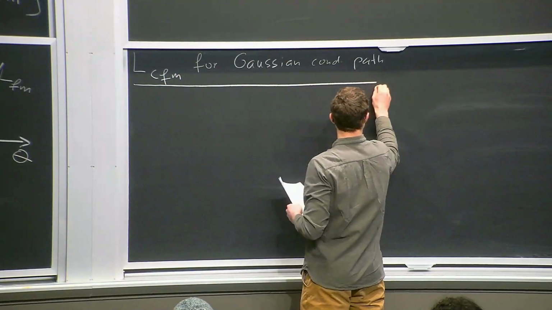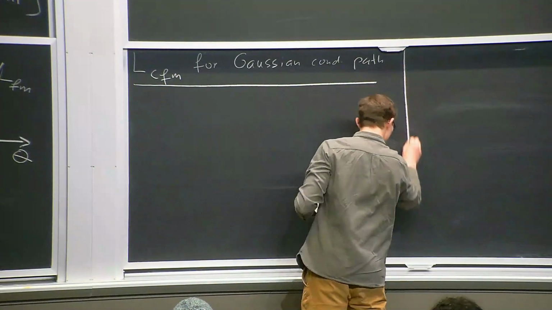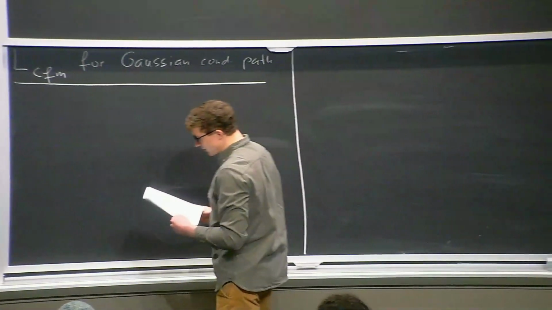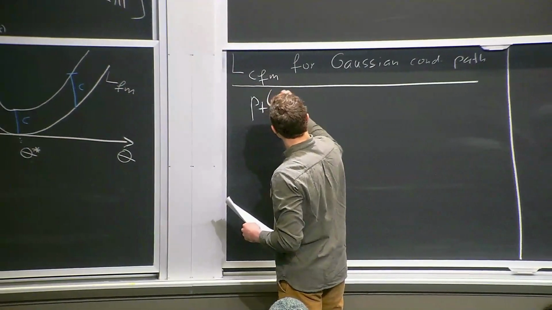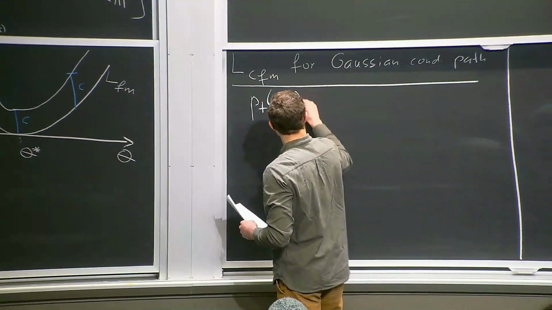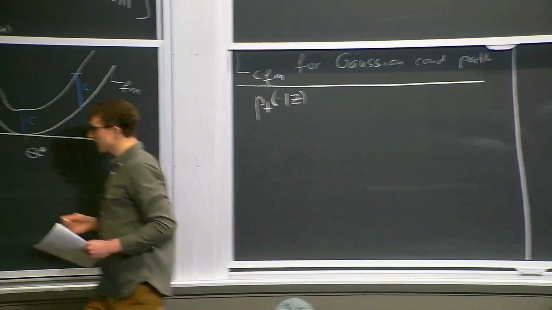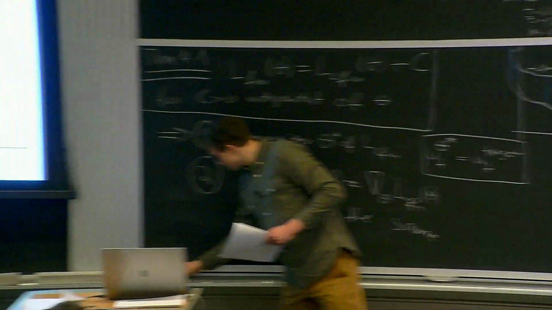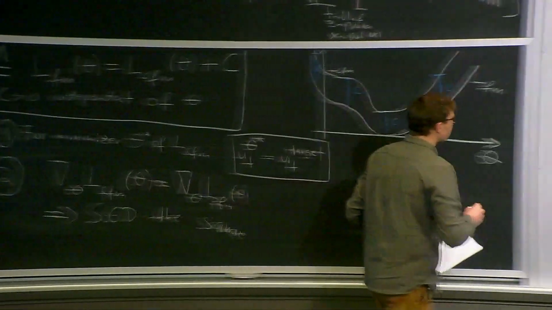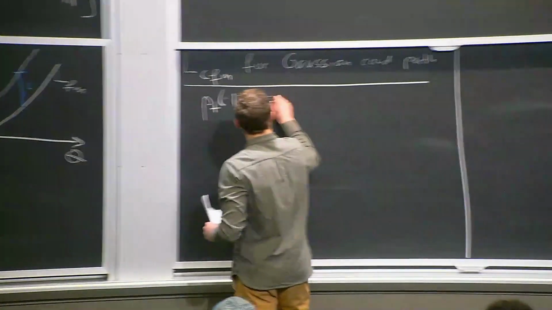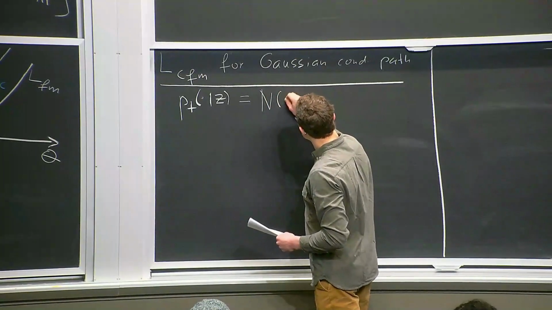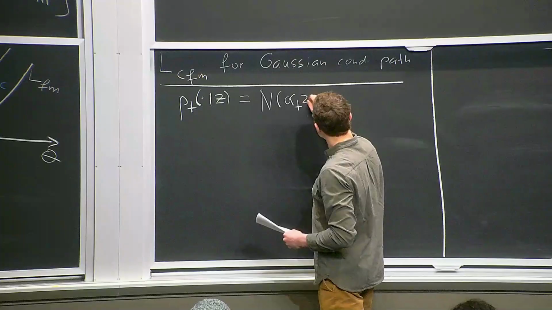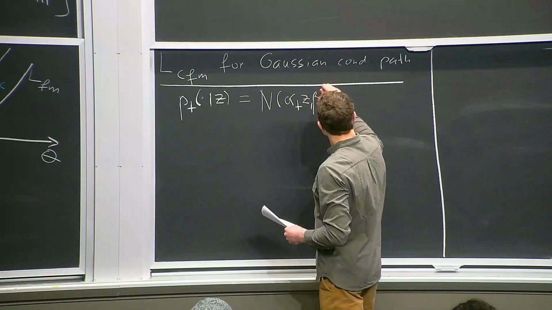All right, so how were things looking in this example? We had the conditional probability path, which was just a Gaussian with a specific mean and variance.